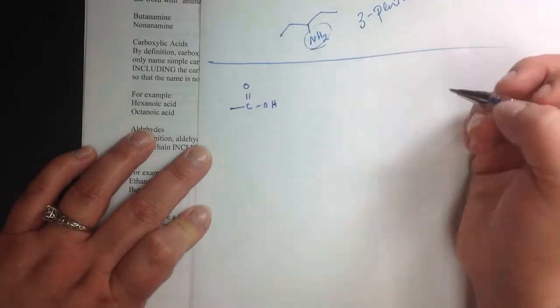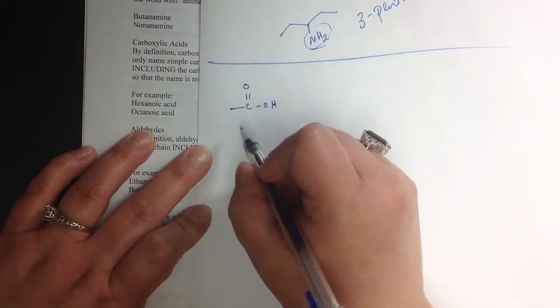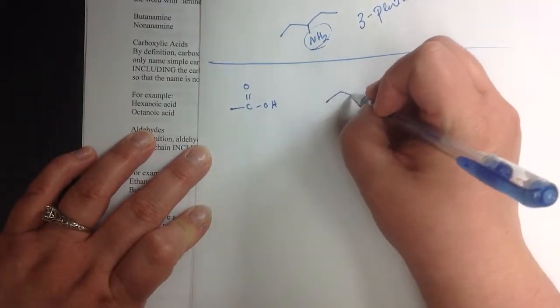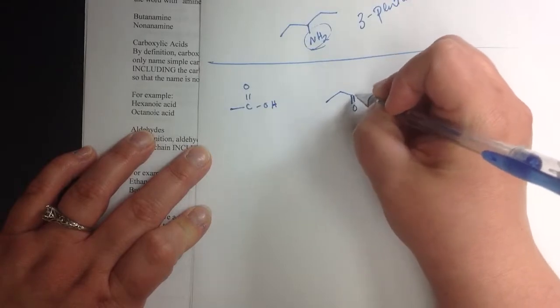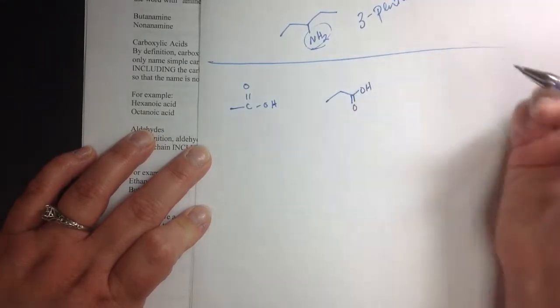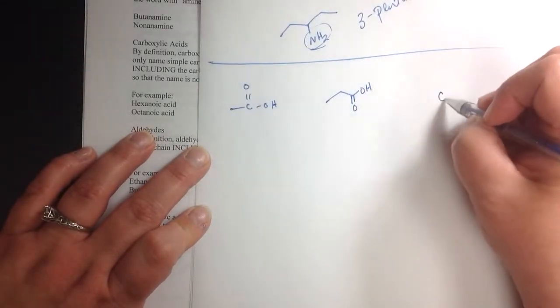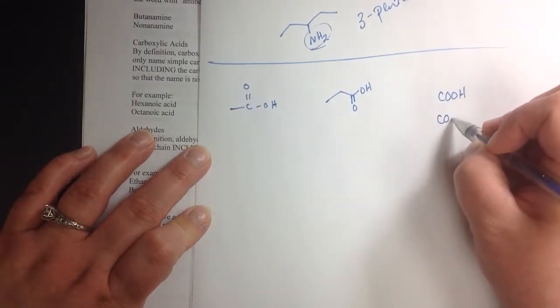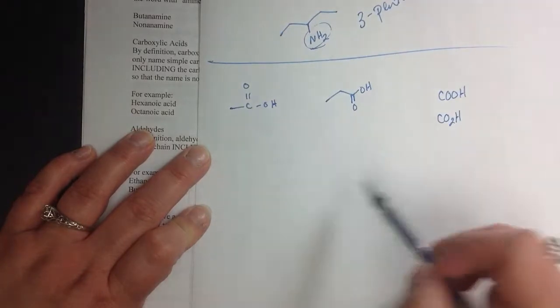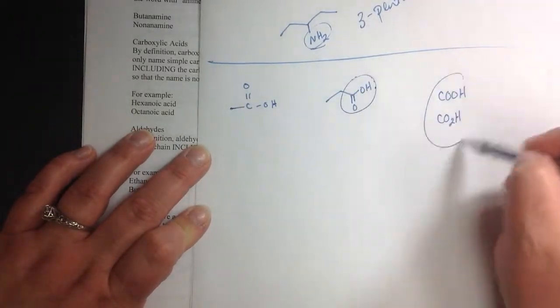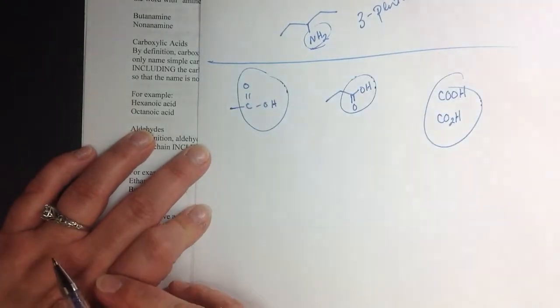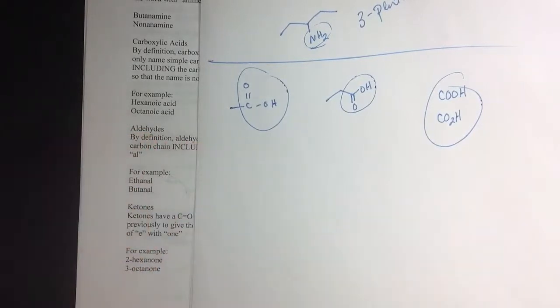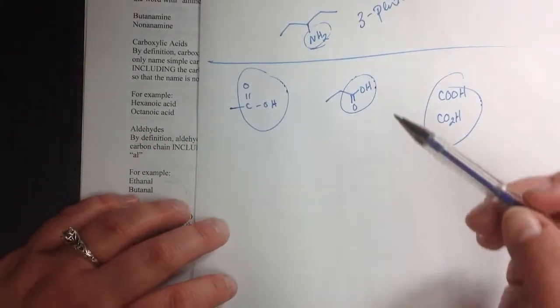And the reason why it can be confusing is sometimes it looks like this, and sometimes it looks like that. And sometimes you see it as COOH, or even CO2H. All of these ends here are the same thing. So you do need to practice what does that look like in different versions to be able to see that.